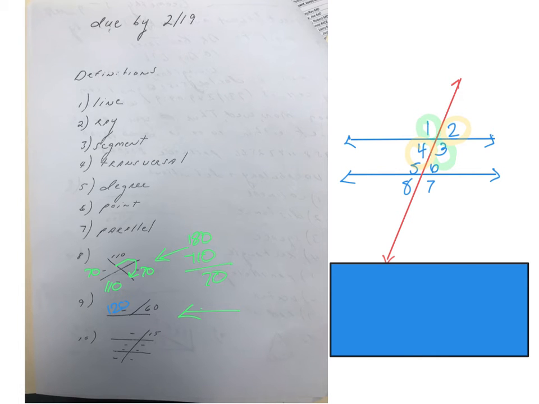So what that means is that the size of angle number 2 here is going to be exactly the same as the size of angle number 6. Those are called corresponding angles, and they have the exact same measure because they're at the same angle with the line and the transversal that cuts between it. So whatever angle 2 is, angle 6 is too.